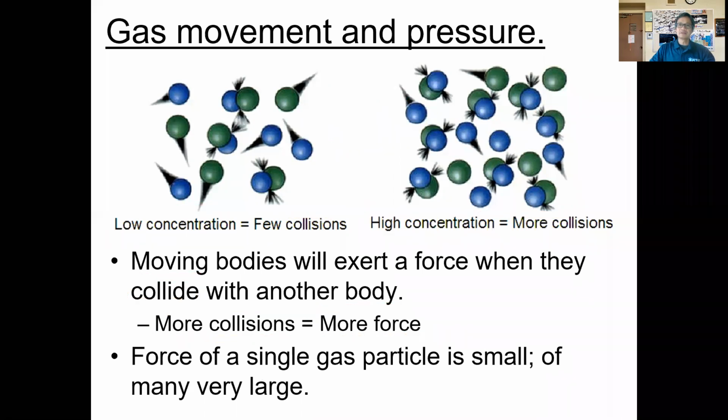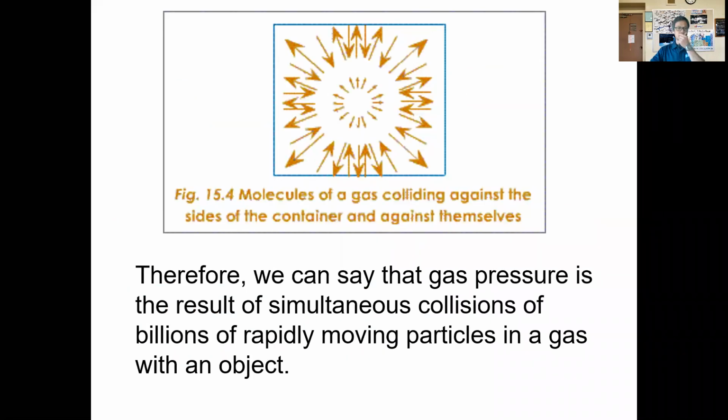Let's quickly summarize. At the conclusion of our discussion, we can say that the pressure that the gas exerts is going to be a result of the collisions of the gas particles. Okay?